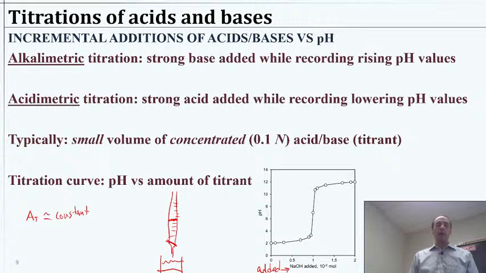So if we've added some particular amount of base, then we hit this big change, we know something happened in the chemistry, right? As soon as we're adding a small amount of acid, we have a big change in pH. So the system is sensitive to the pH at that spot. Whereas in some cases, it's not so sensitive.